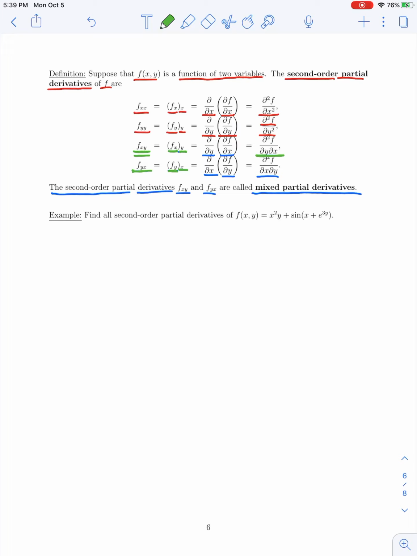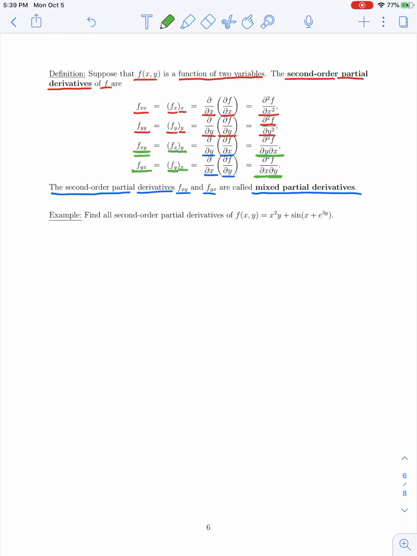So if we're using the Leibniz notation, we want to read the order of those variables from right to left in those del expressions of our denominator. So similarly here for this last one, del squared f over del x del y means first we differentiate with respect to y and then with respect to x.